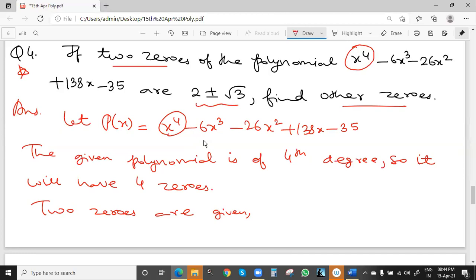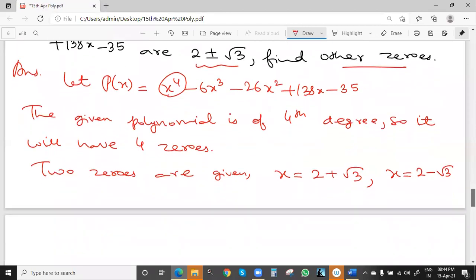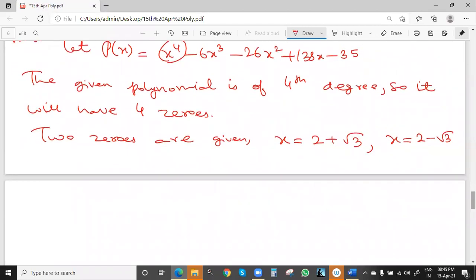So the given polynomial is fourth degree, or we can say the maximum power of x is 4, so there will be 4 zeros or 4 roots of this given polynomial. So 2 zeros are given, that is x equal to 2 plus root 3 and x equal to 2 minus root 3, because we have 2 plus minus root 3. So the first one will be 2 plus root 3 and the second one will be 2 minus root 3.